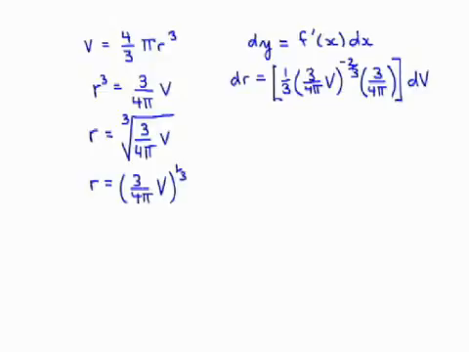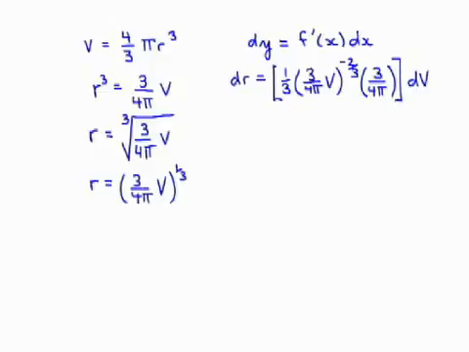In the next line, what you'll notice is that with the first term, 1/3, we have a 3 in the denominator, and in the third term, 3 divided by 4 pi, we have a 3 in the numerator, and that allows us to do some division and obtain a quotient of 1.